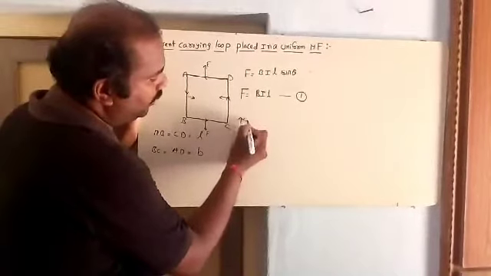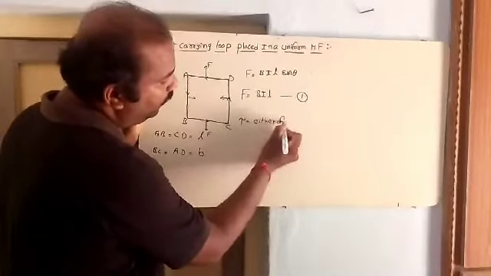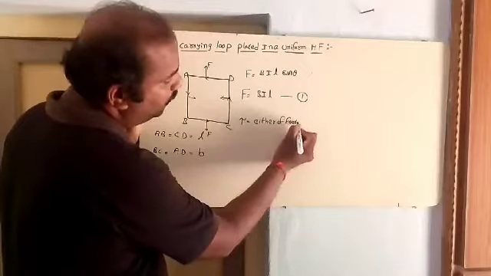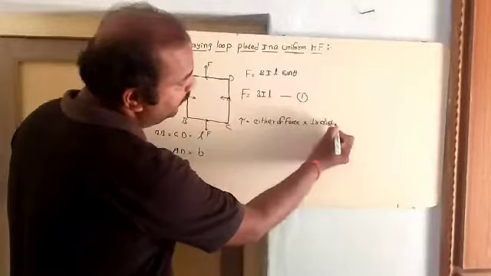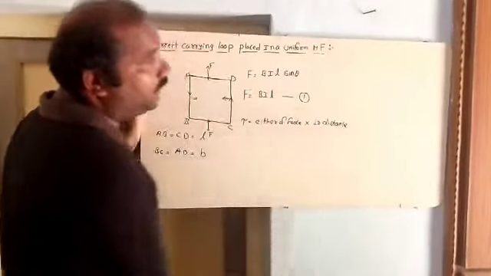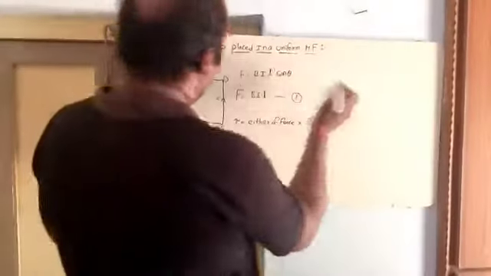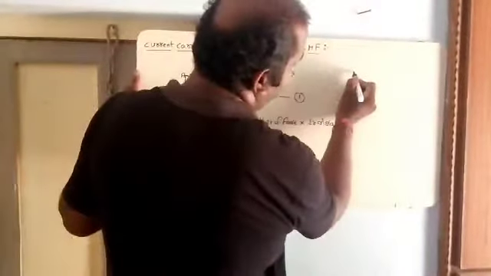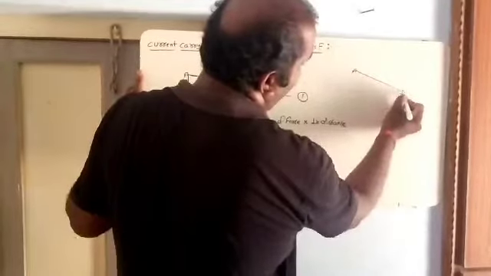The torque tau is equal to either of the force into the perpendicular distance. Now here I am redrawing the diagram. This is AD.